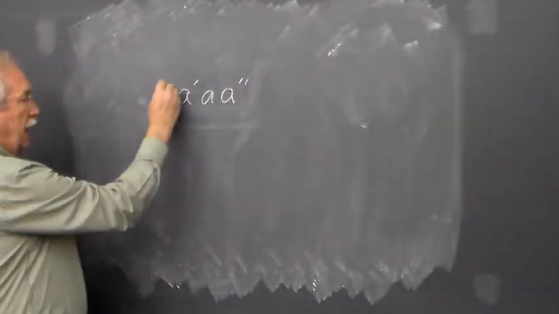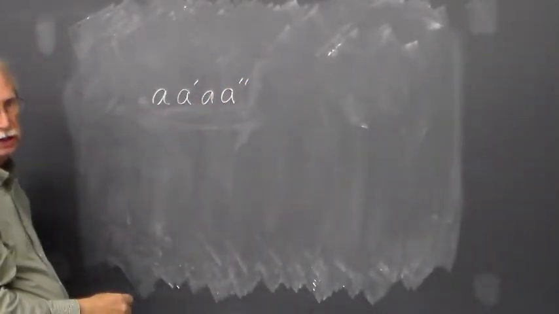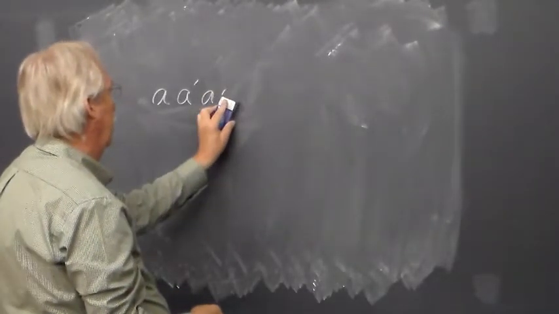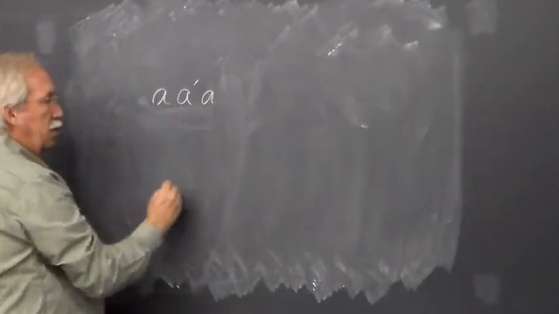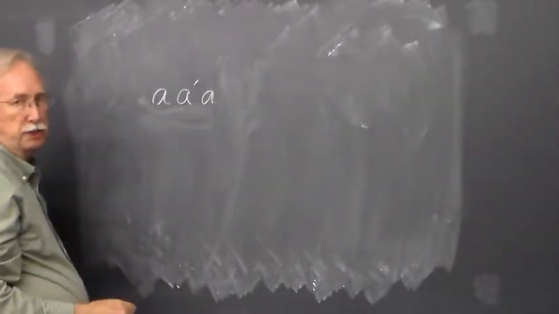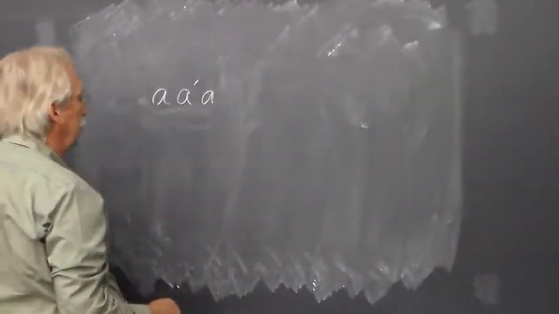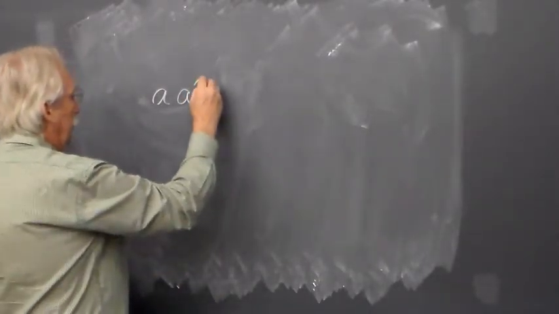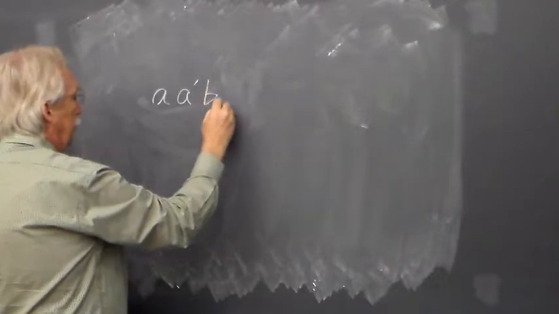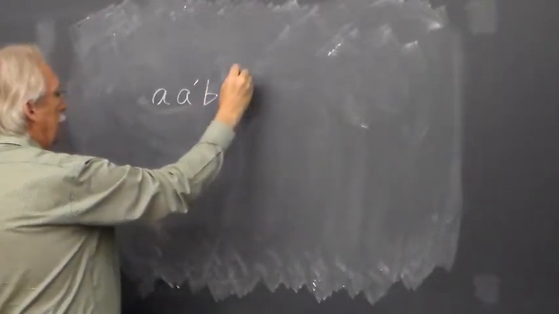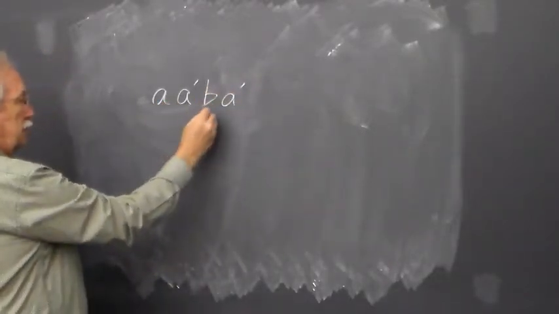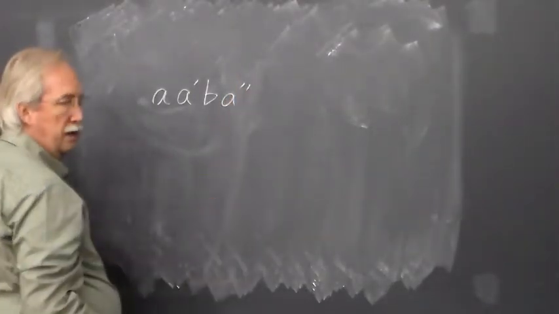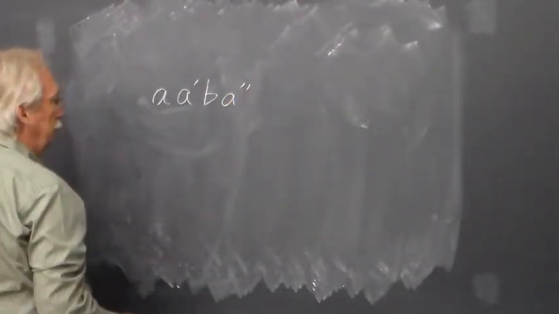That would be a parallel double period. That would be a three-part period. That would be a contrasting double period. That also would be a contrasting double period.